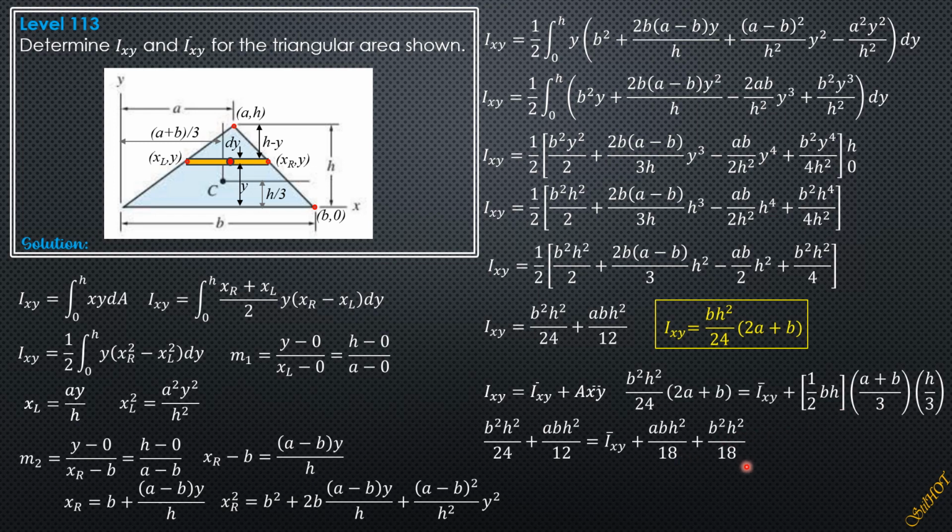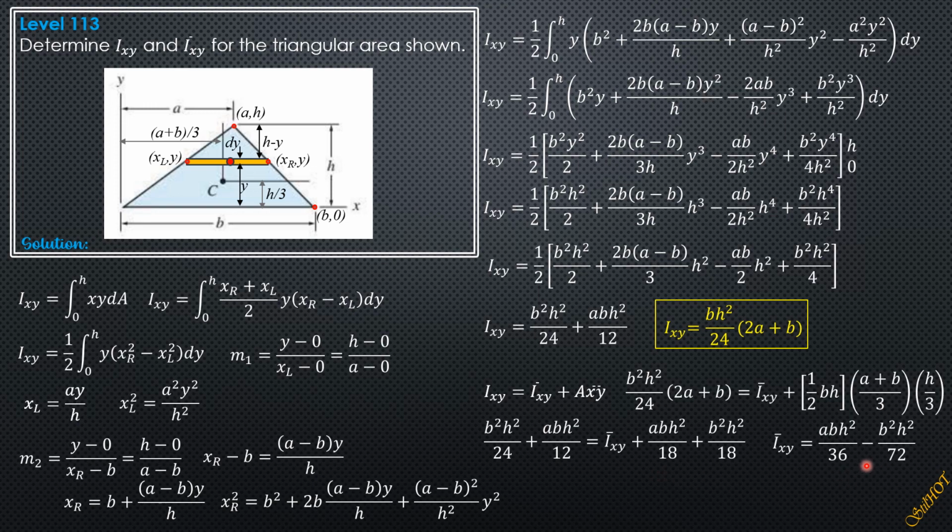So combining like terms, 1 over 24 b square h square minus 1 over 18 b square h square. Then we have 1 over 12 ab h square minus 1 over 18 ab h square. We write 1 over 12 minus 1 over 18 first because it is positive. So it is equal to ab h square over 36, then minus b square h square over 72.